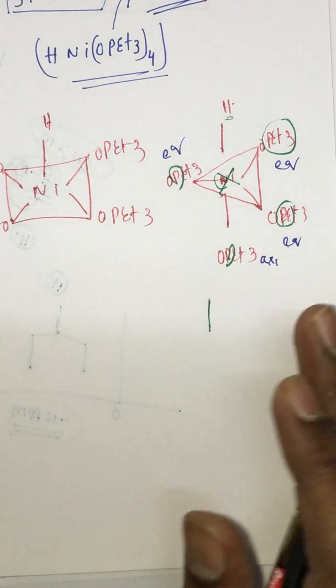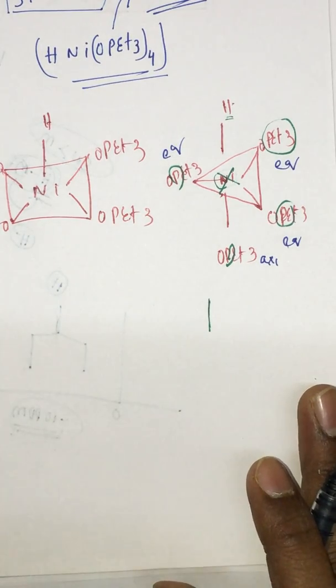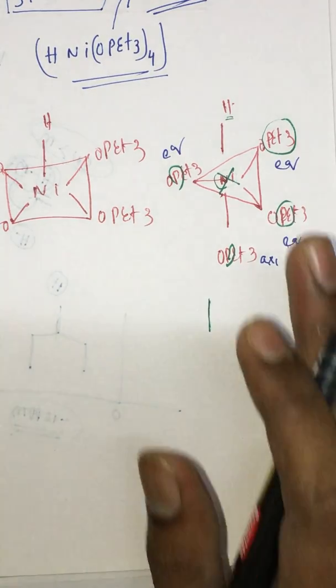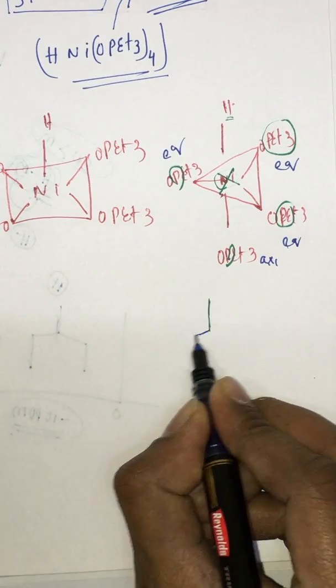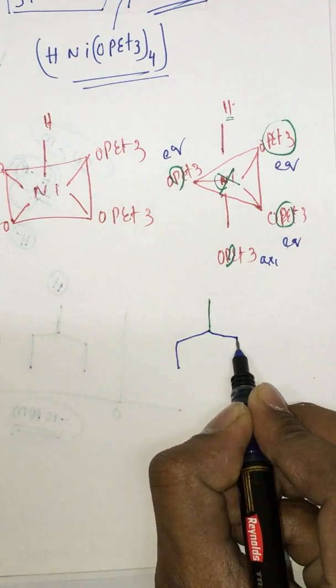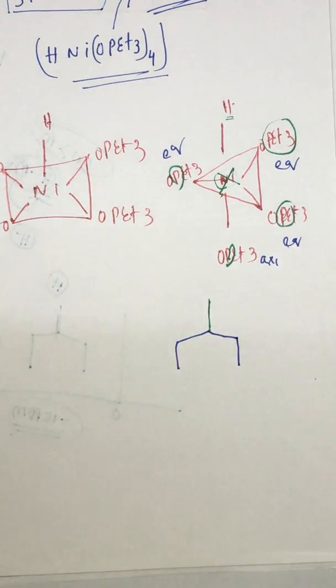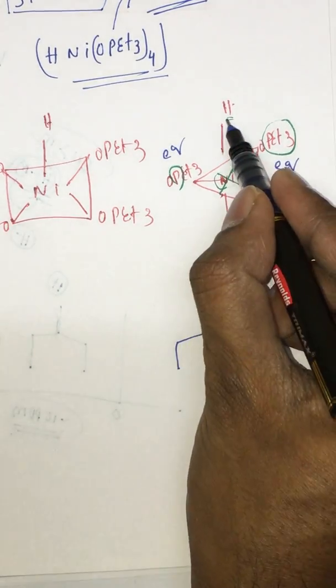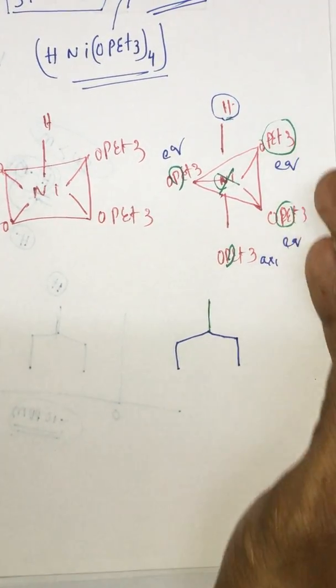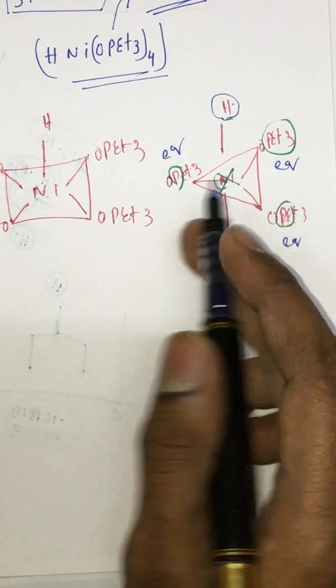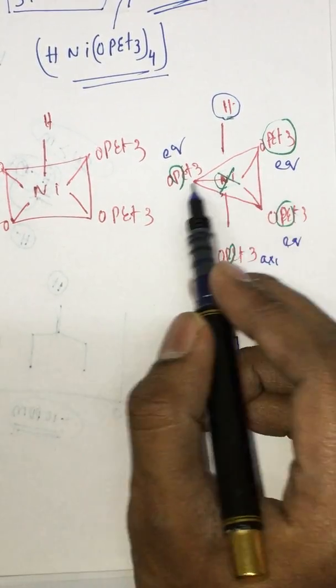Now what will happen: since there are 2 different types of phosphorus, we'll get a doublet here. Further, this hydrogen couples with these 3 equatorial phosphorus.